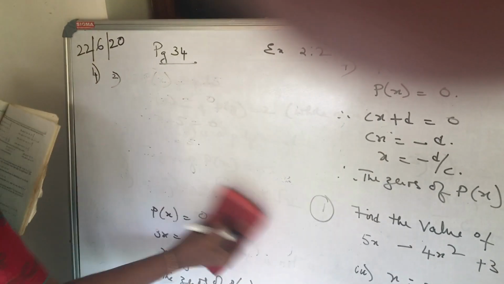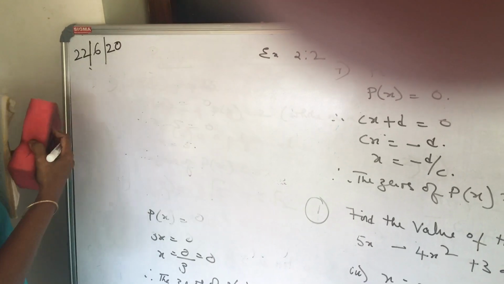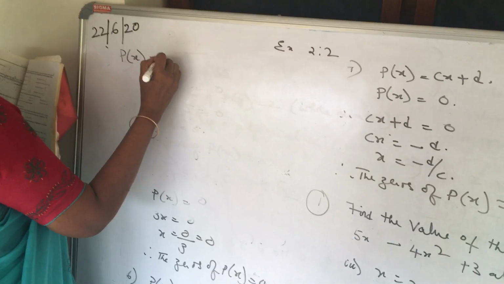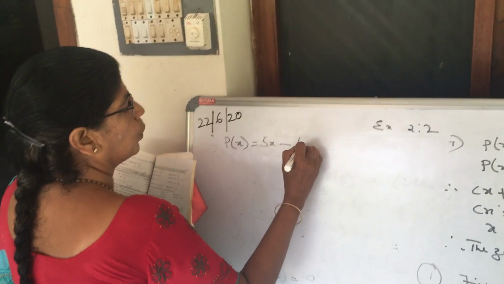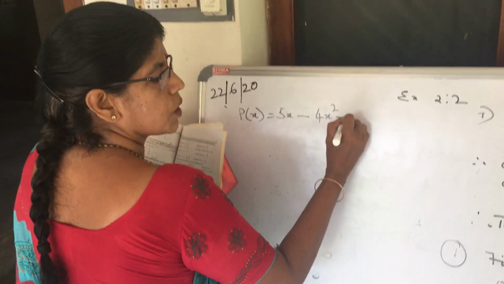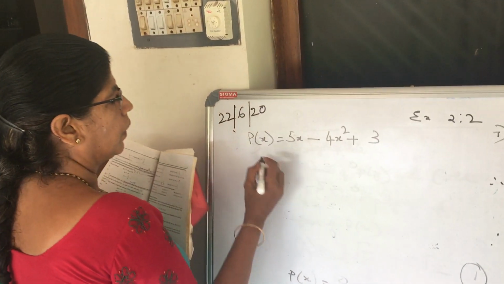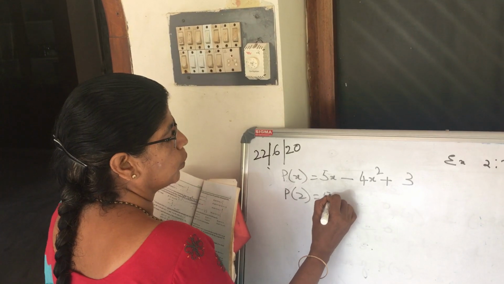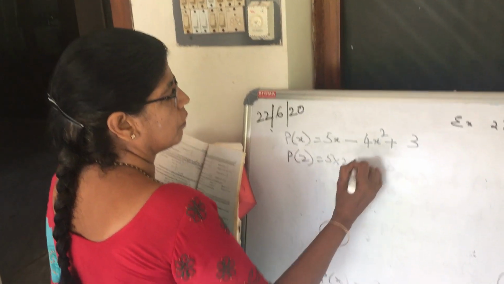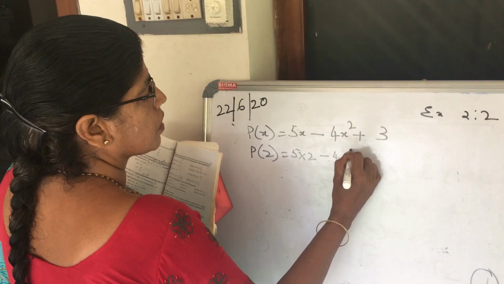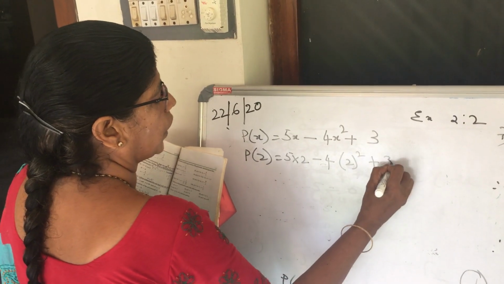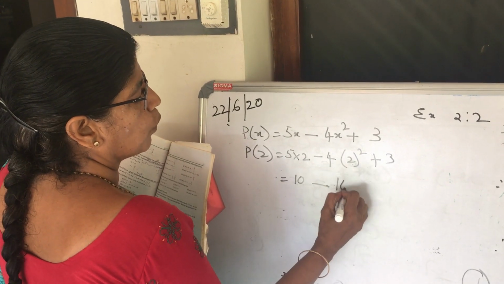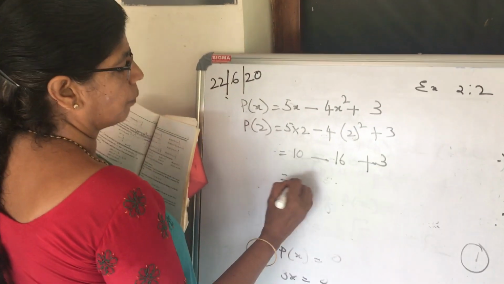A polynomial is given and you are given a value for x, children. Since your variable is x, write P of x is equal to 5x minus 4x square plus 3. Your x is equal to 2. So put P of 2. 5x means 5 into 2. 4x square, 2 the whole square. 5 2s are 10. 2 2s are 4. 4 4s are 16 plus 3.